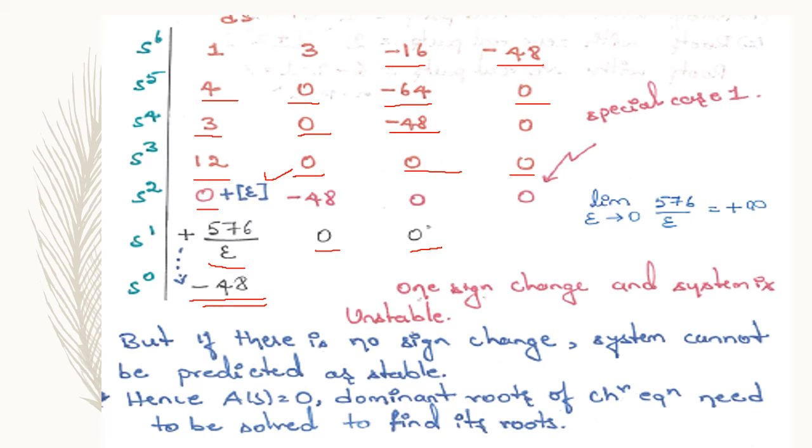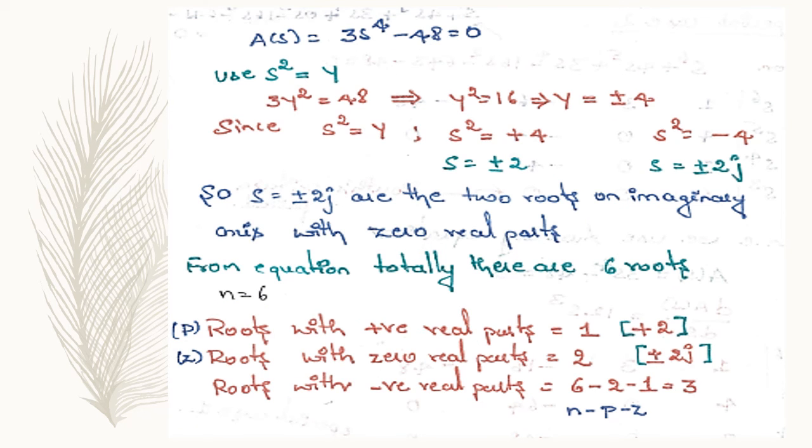So whether the system is stable or not depends on the auxiliary equation. Since we have considered the auxiliary equation, we need to find its roots. Just by seeing the first column, we cannot say that the system is stable or not. By observing the roots of the characteristic equation, we can say whether the system is stable or not. So the roots that we get are plus or minus 2, and plus or minus 2j.